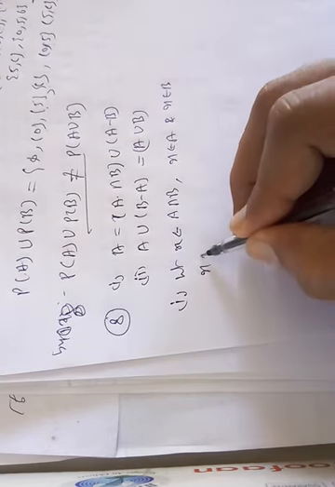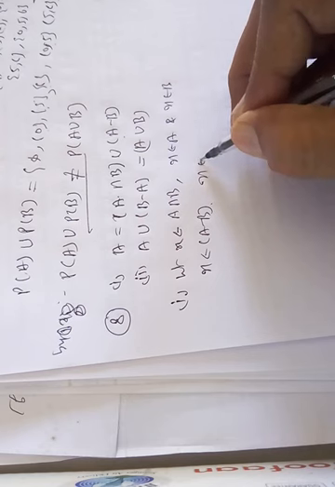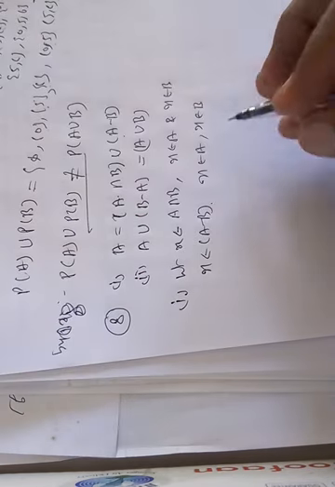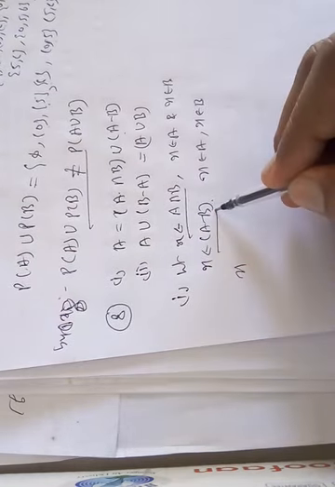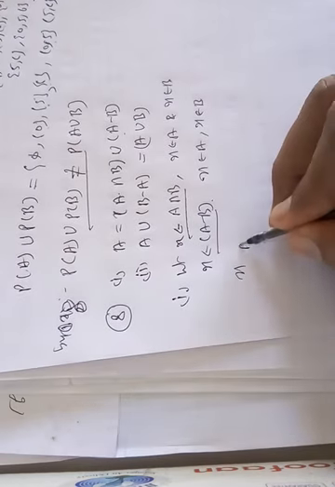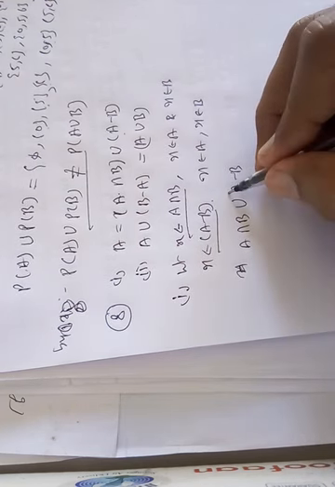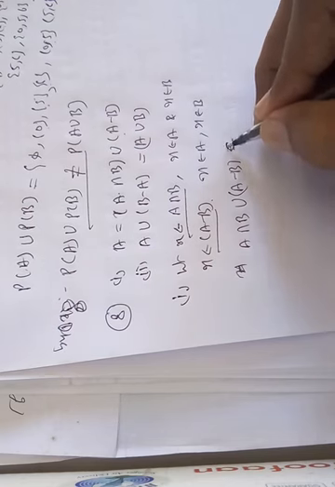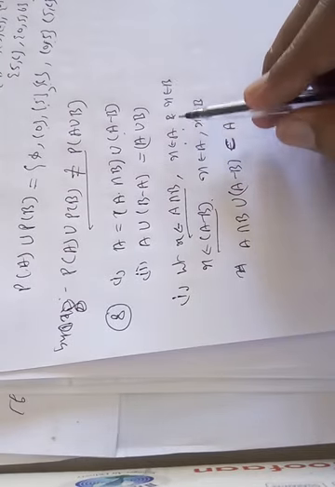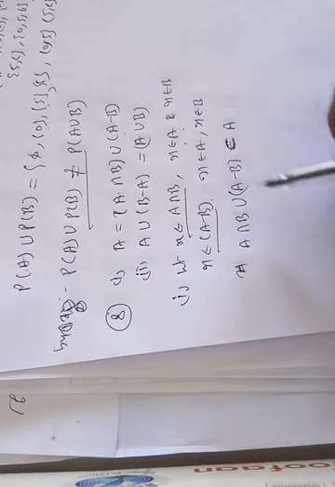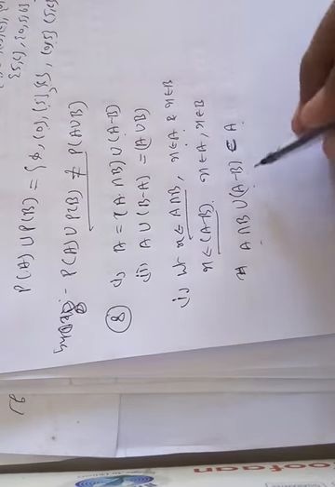So x also belongs to A minus B union A intersection B. So x belongs to A and x belongs to B. Then the bracket A intersection B union A minus B is a subset of A. Yes, x belongs to A, x belongs to B, and so x belongs to the union, and x is a subset of A.